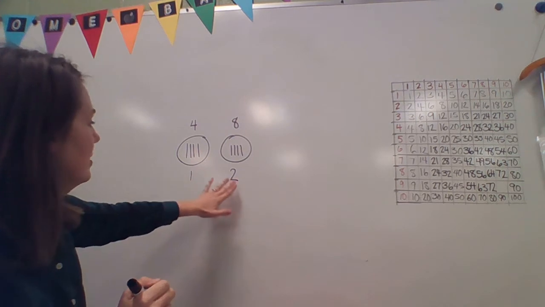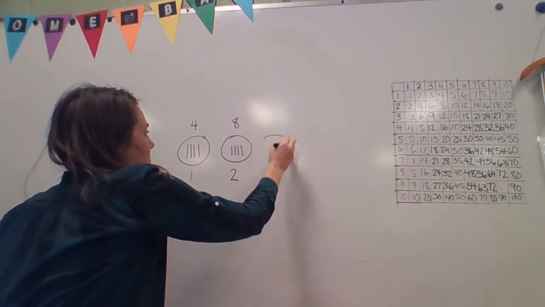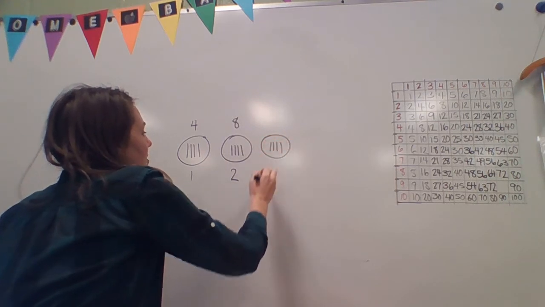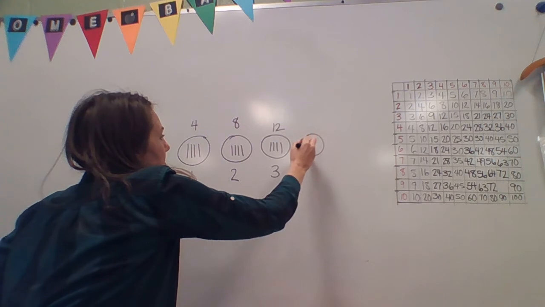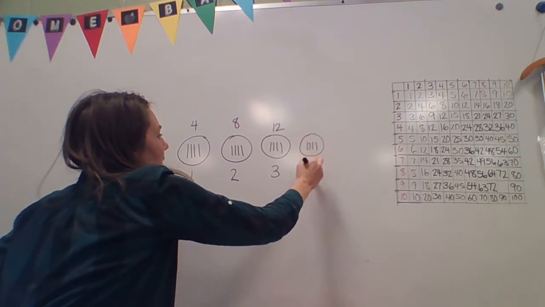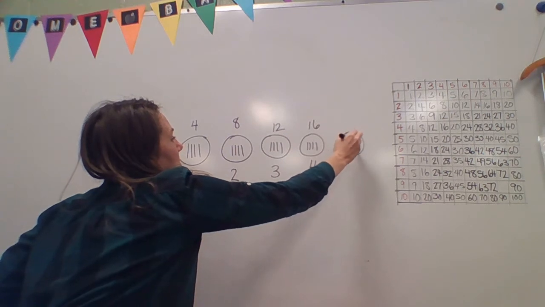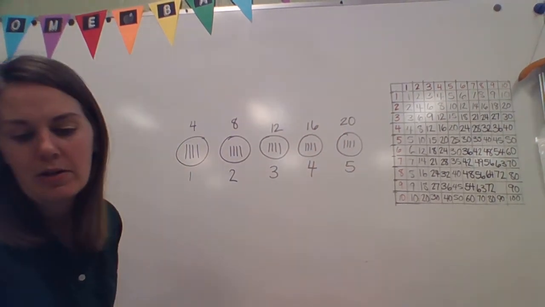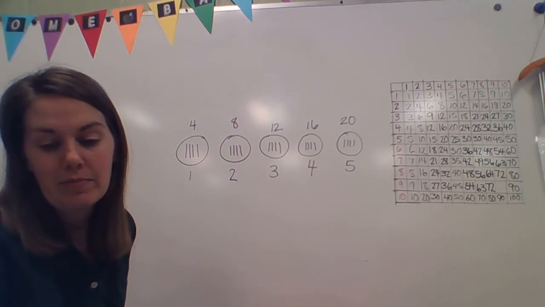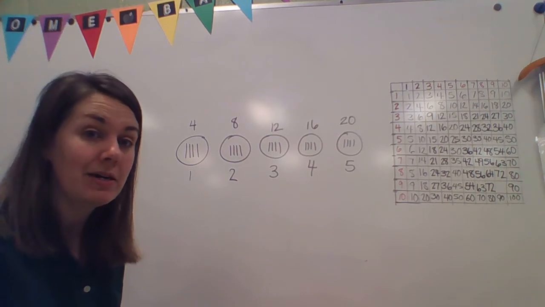So 1 pack, 2 packs, 4 bottles, 8 bottles. 3 packs would be 12 bottles. 4 packs, 16 bottles. 5 packs, 20 bottles. So yes, Patrick can buy exactly 20 bottles by using packs of 4.